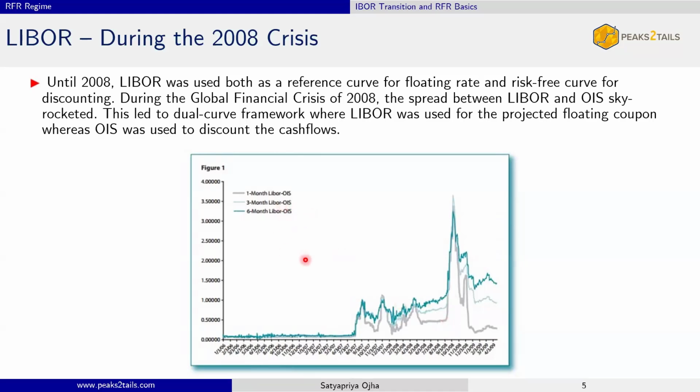So we entered into a dual curve regime where the numerator, the floating rate cash flows, was based on LIBOR, but the discounting was based on OIS. Okay, and that system worked from 2008 until, let's say, 2016, 17, right? So that system worked, and we still continued with LIBOR in this fashion. Then what happened?